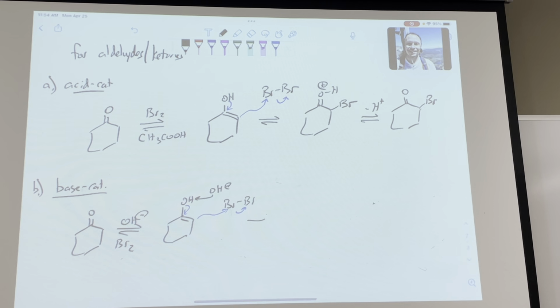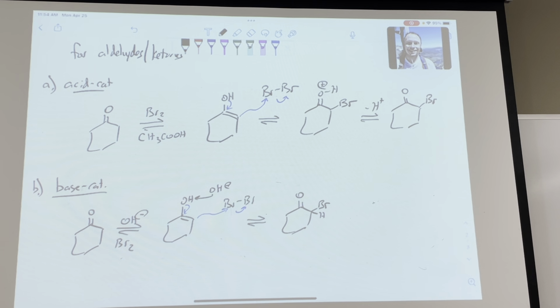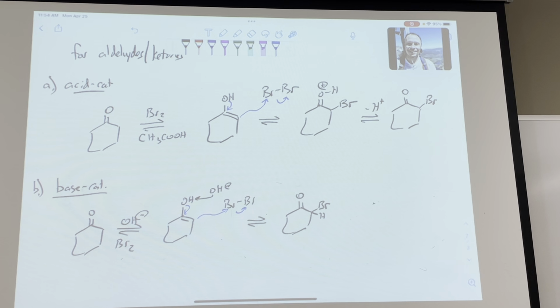Something like that, and that's going to give you again the alpha halo carbonyl. The problem with doing it in base, however, is you have another alpha proton. And in fact, this alpha proton here is even more acidic than the alpha protons of the starting material.